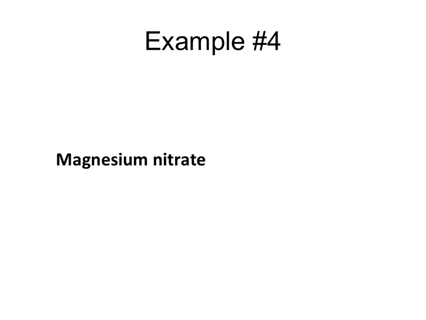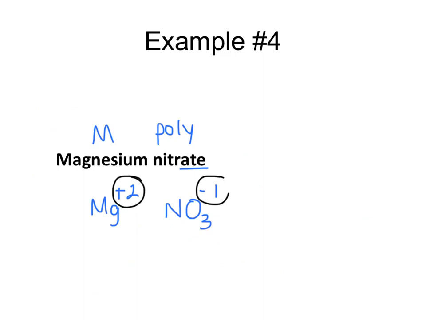Example 4 is also a ternary ionic compound. Once again, I see a metal and I see the polyatomic ion. So I'm going to go ahead and get the symbol and the charge. Magnesium's +2. I'm going to go to my reference sheet to come up with the formula for nitrate, which is capital N, capital O, 3 with a -1. And then I'm going to notice that the charges are not going to give me 0.